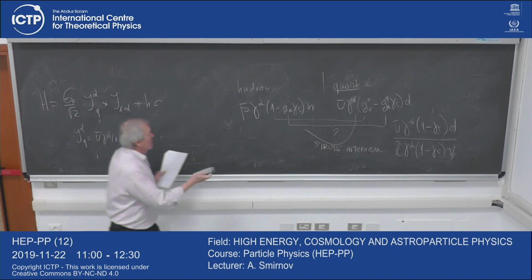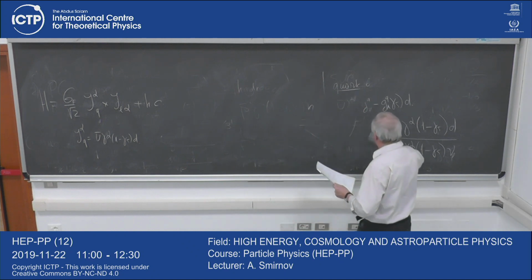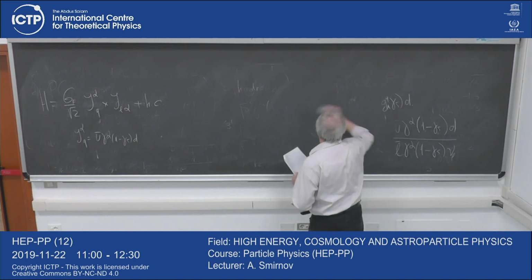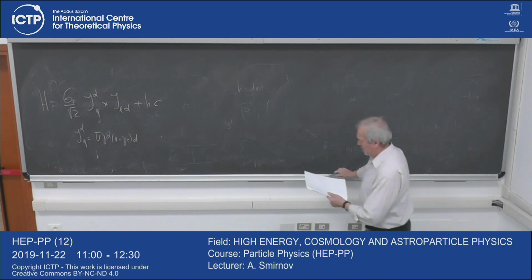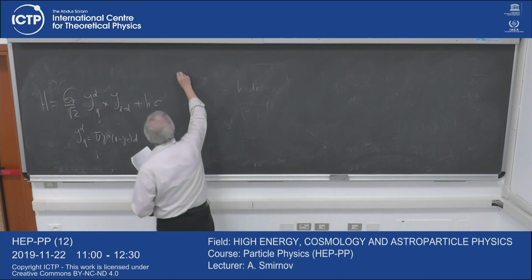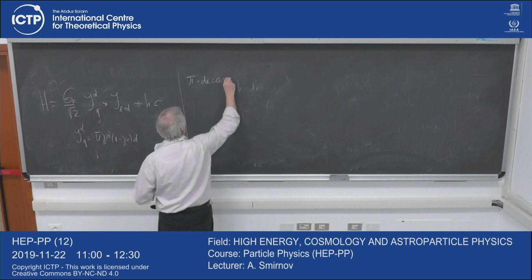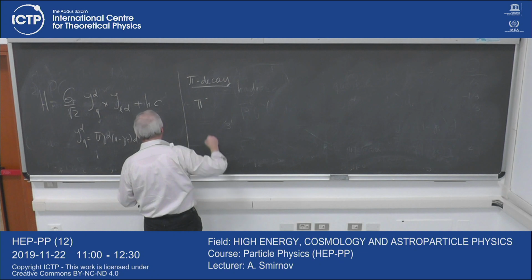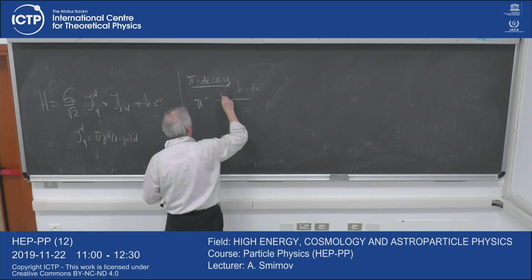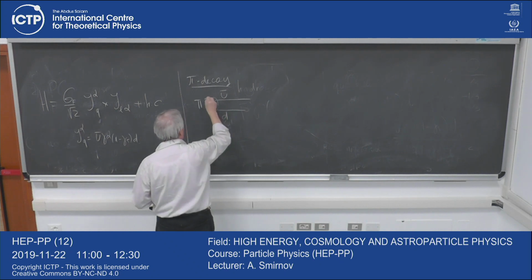So now let's go and consider pi decay. How does pi decay look at quark level? Pi minus, for instance, consists of a U anti-quark and a D quark. So this is the pi minus.